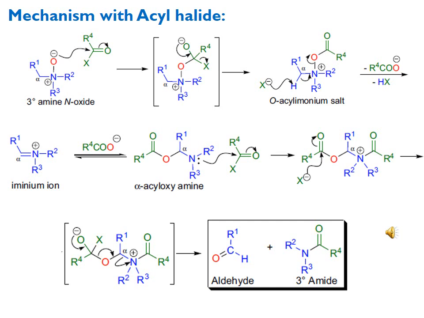Here are some questions. In this second last step, the halo group attacks the carbonyl carbon of the acetyloxy group. In the last step the halo group attacked the alpha carbon.